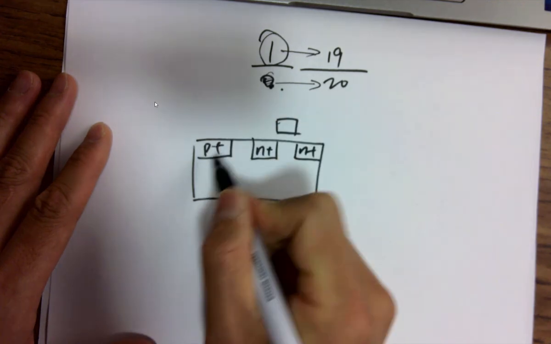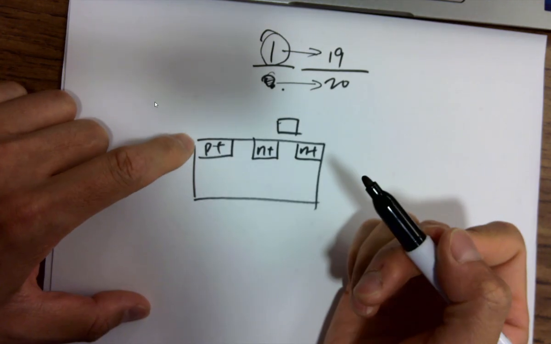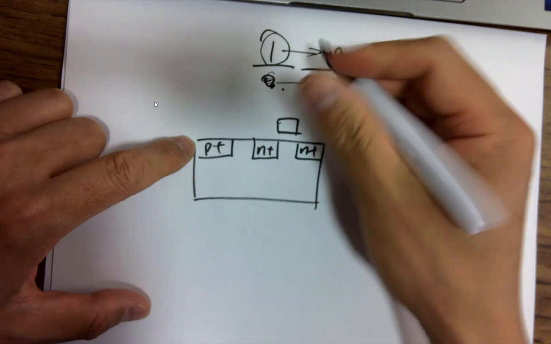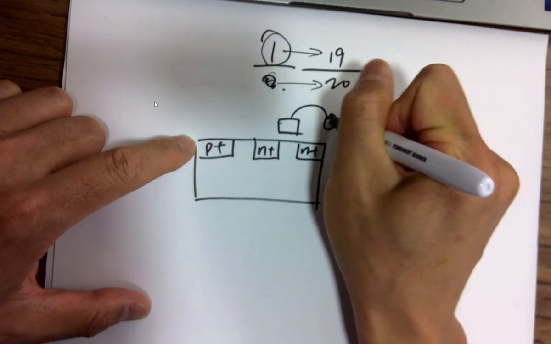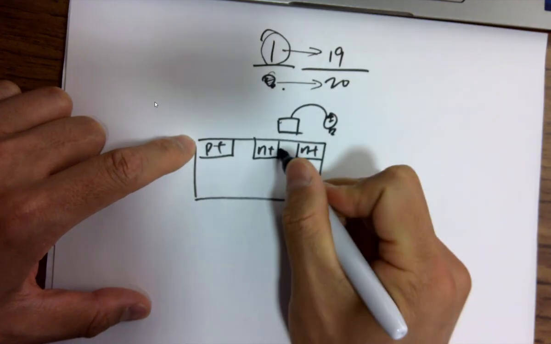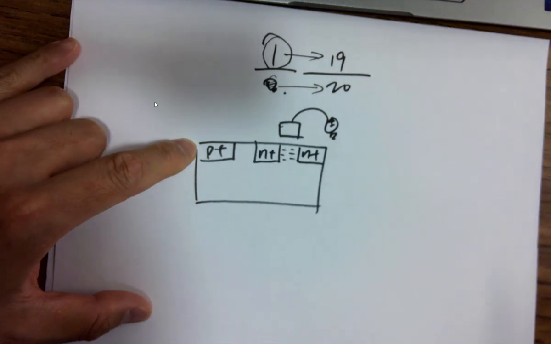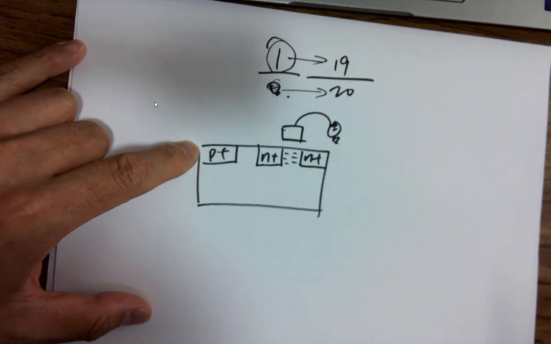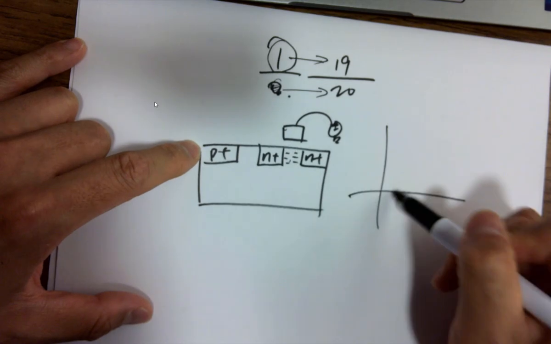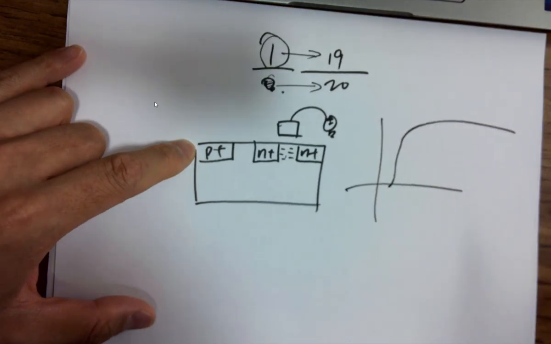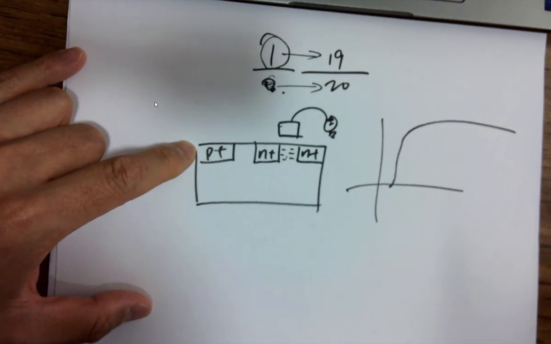What's this called? P-tap. NMOS is attracting electrons to form the channel. And in the future, I will also ask you to explain what a pinch-off is and why the current saturates, right? Why it saturates, okay? Keep that in mind. It's gonna be bonus points in the future.